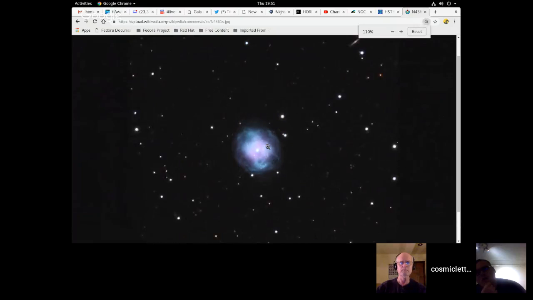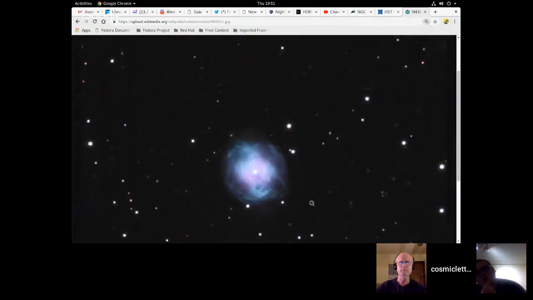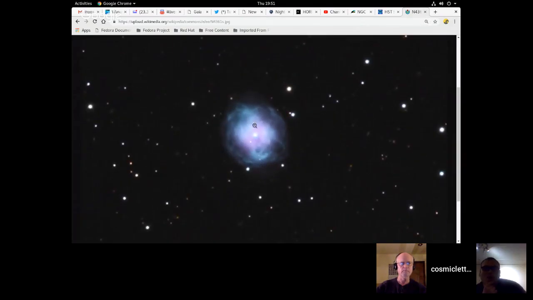I can zoom in a little bit, maybe. You can see that there are other little stars that seem to be inside of it. My guess is that those are foreground stars. Being 3,000 light years away, there's probably stars in between there. So that's probably what these guys are. That's a pretty good shot, though.